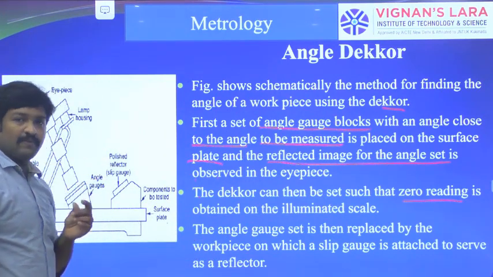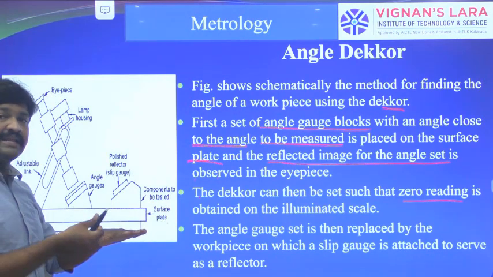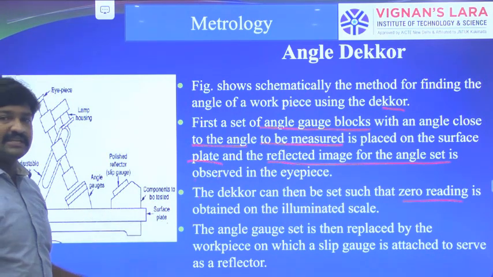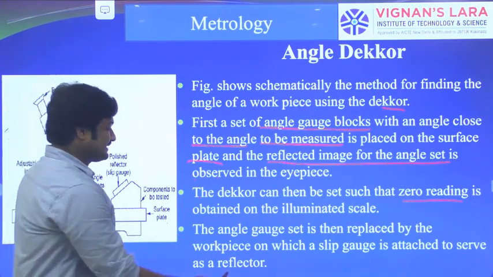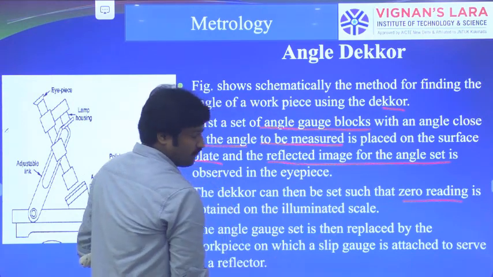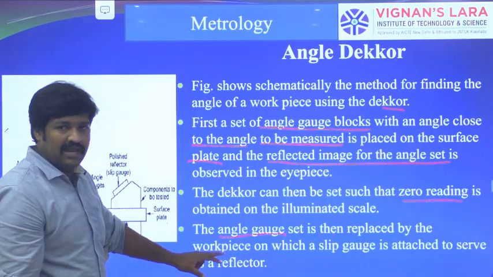So we are placing some angle gauges on the surface plate and we are making the reading as 0. We are adjusting the instrument to be 0. So now we make that as 0 by means of these angle gauges.